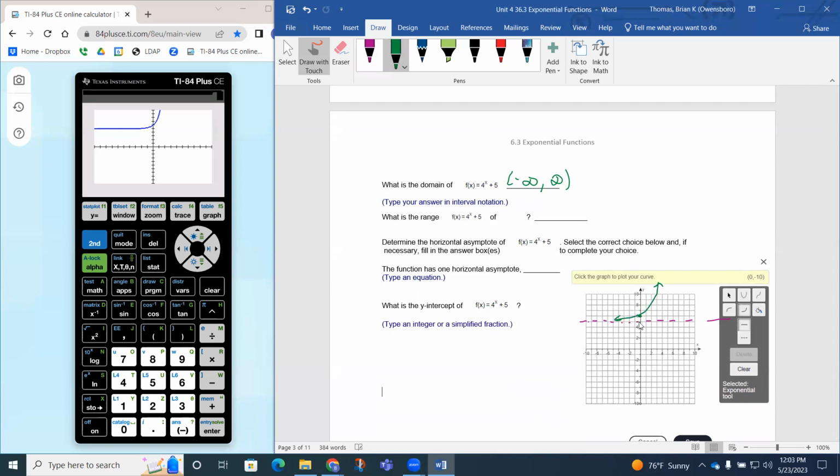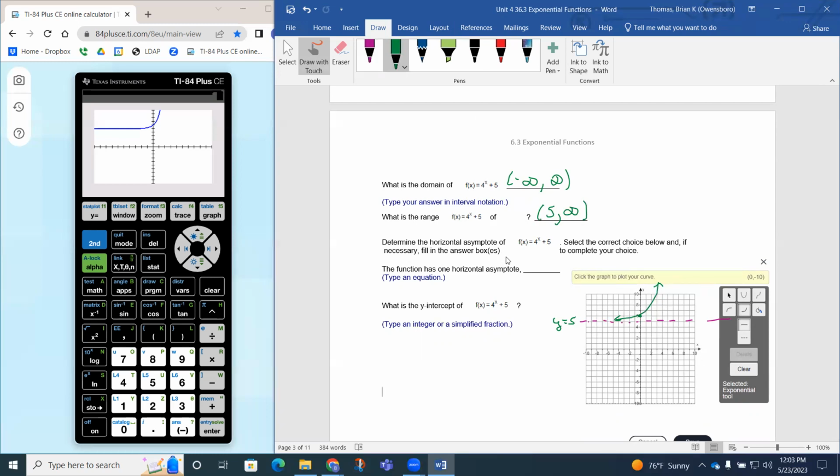Notice how there is a lower bound, because the lower bound is this y equals 5 boundary line. So the graph has to be above 5. And there's not an upper bound. So it looks like we have to go from 5 up. We can't include the 5 either, because that's a restriction, it's a boundary. So 5 to infinity would be the range.